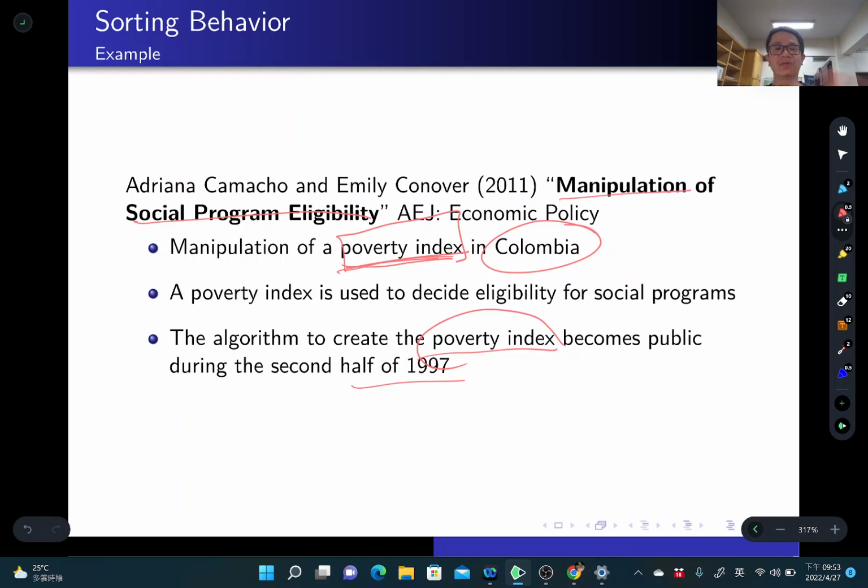Before 1997, no one really knew how the government determined the poverty index, the algorithm to create it. But after 1997, people know that, so they will manipulate this to make sure they can receive the cash transfer.